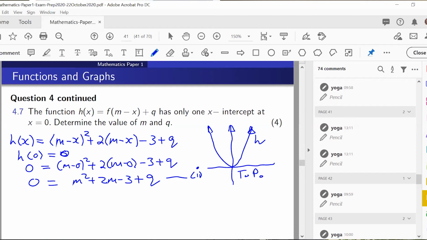If it is the turning point, we need to look at h of x first, and we expand.